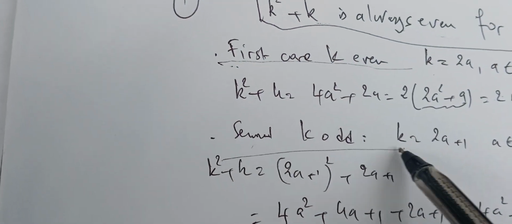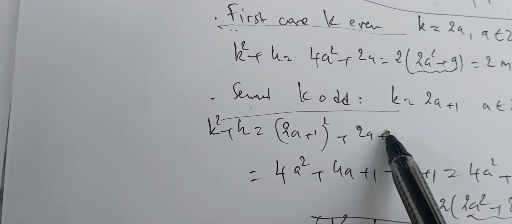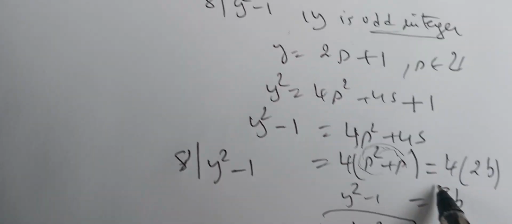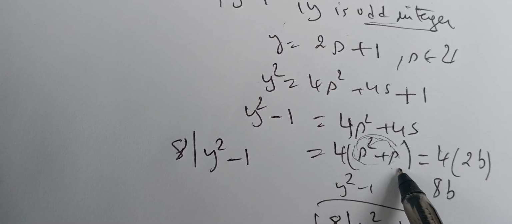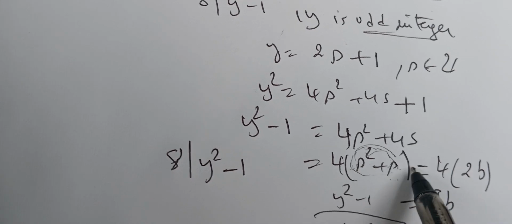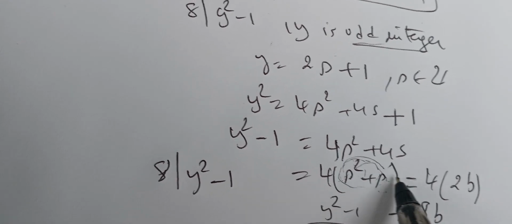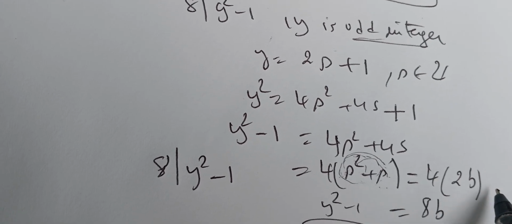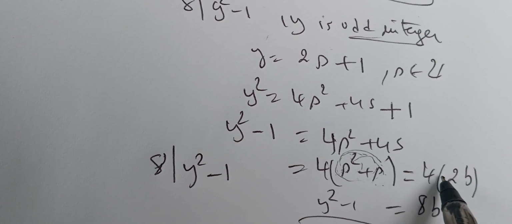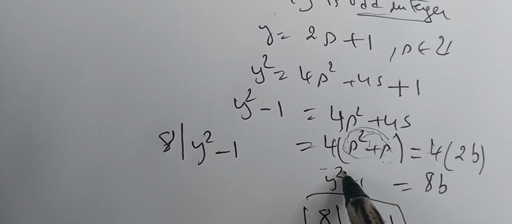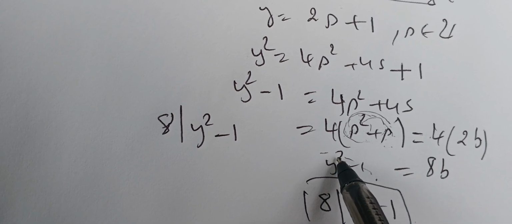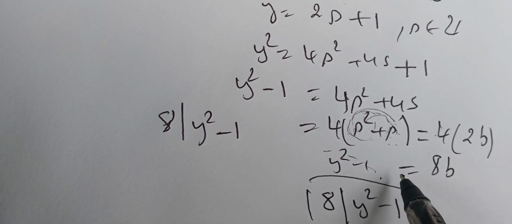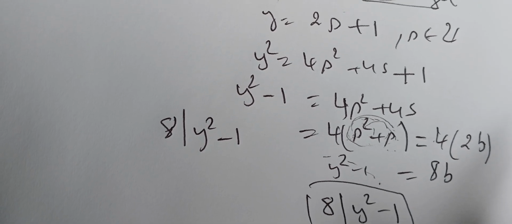We had two cases, and we proved that this one is always even. So once we get here, we had s squared plus s, or k squared plus k, and we know that this is even. That's why we wrote it as 2b. Once we did that, we get 8b. That means y squared minus 1 is 8b, which means 8 divides y squared minus 1. And this is what we needed to prove.